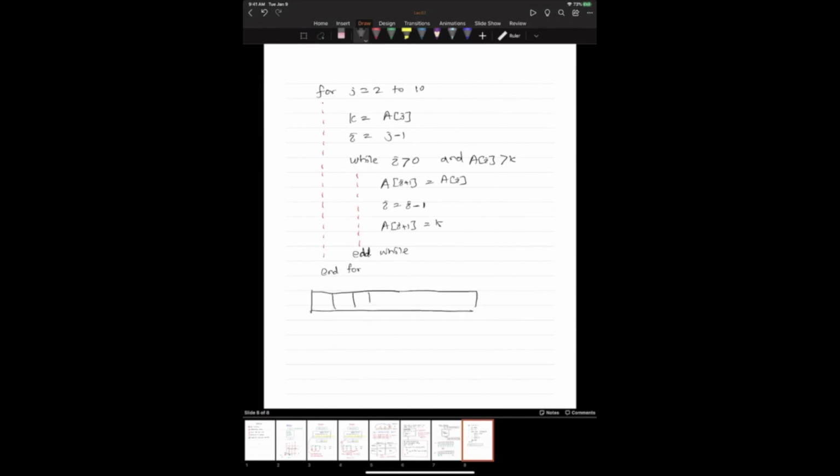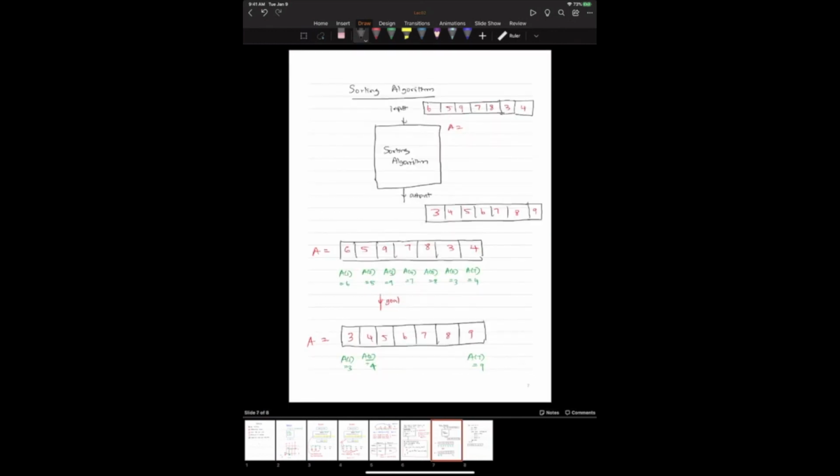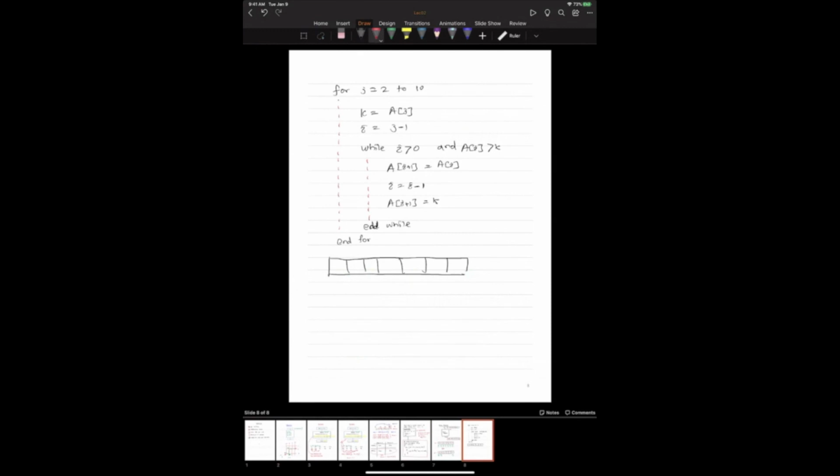We have 7 pouches. Numbers are 6, 5, 9, 7, 8, 3, 4. So we are going to temporarily store A j. When j is 2, A2 is 5. So I'm going to note down that k is equal to 5 now. Now i is equal to j minus 1, so that means i is 1 now.